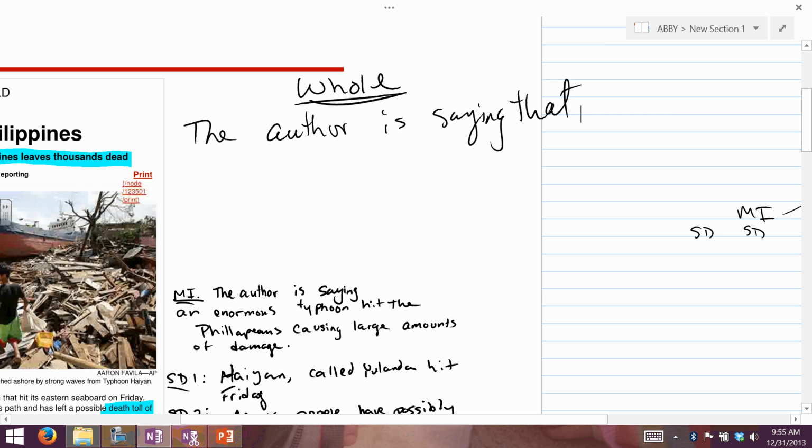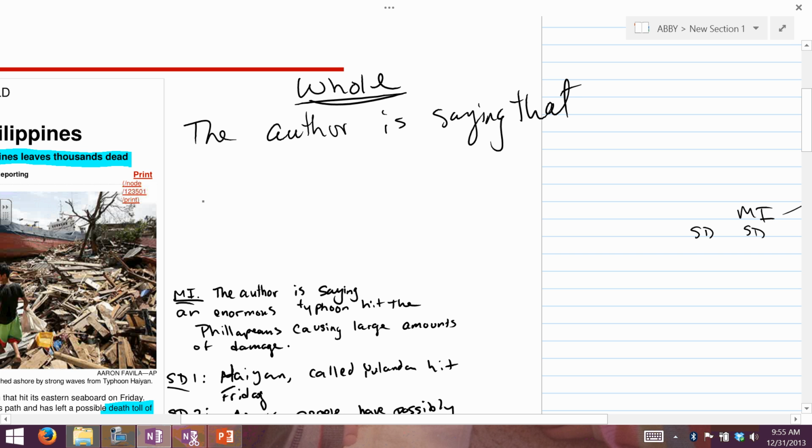So if we're going to kind of do the main idea of the whole section, I would say that the main idea is that the strongest storm ever hit the Philippines, and has caused the reaction of international aid. So how would we say that?